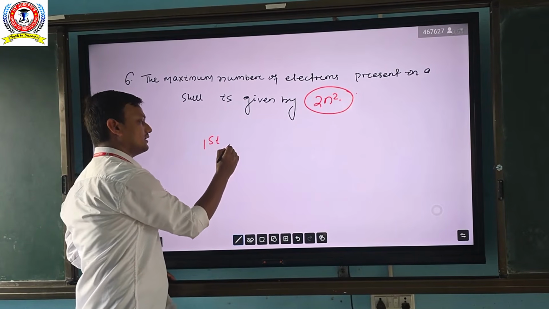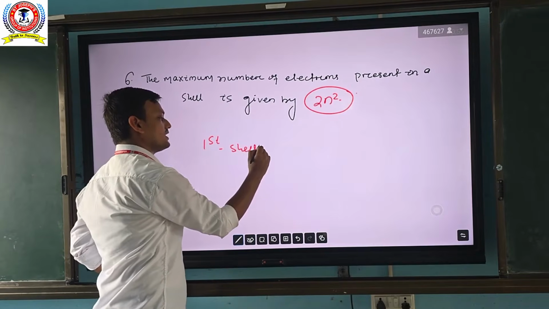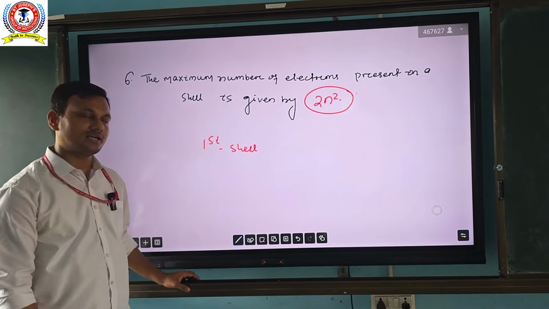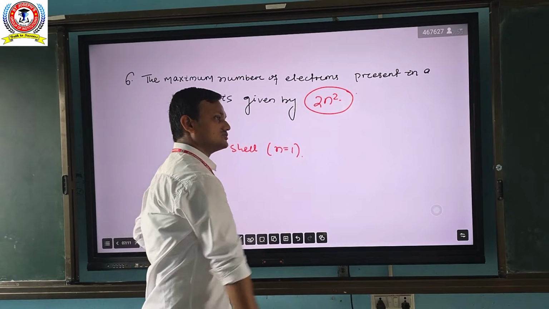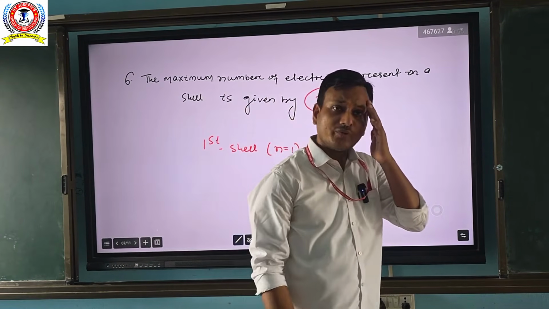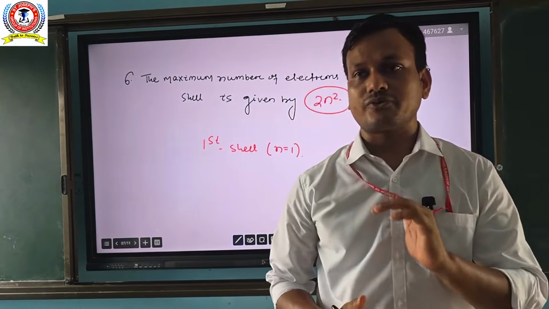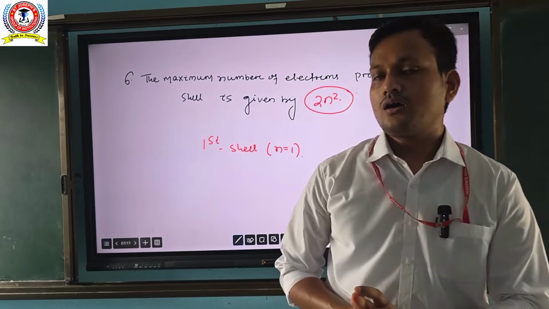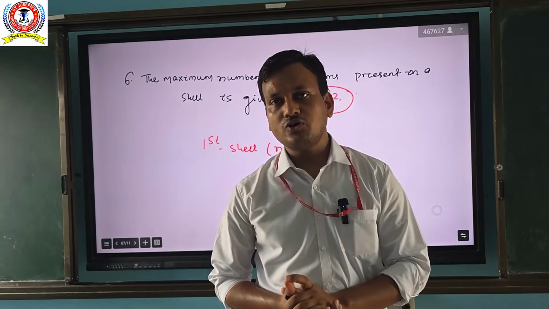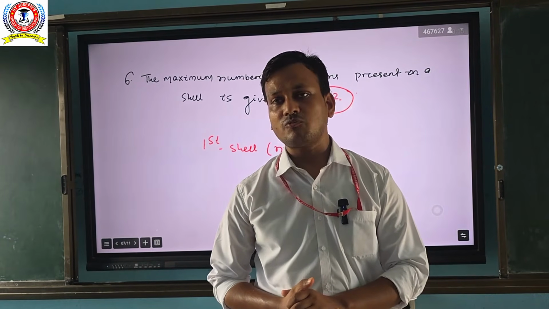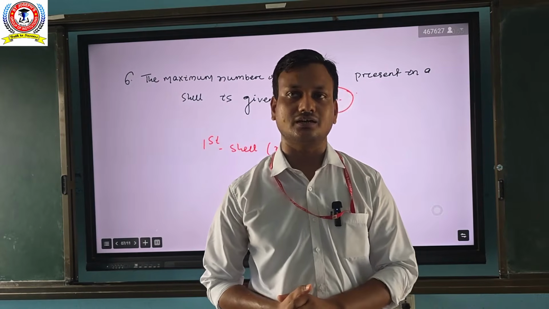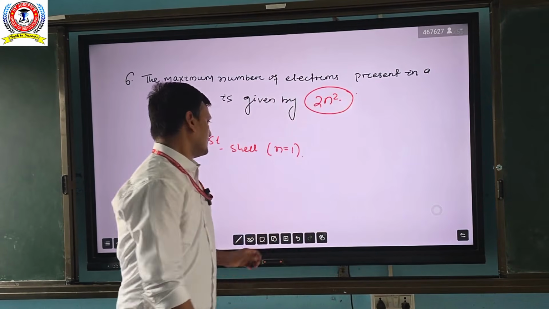Suppose my question is, how many maximum electrons are present in the first shell, or in the second shell, or in the third shell? Let's discuss it.